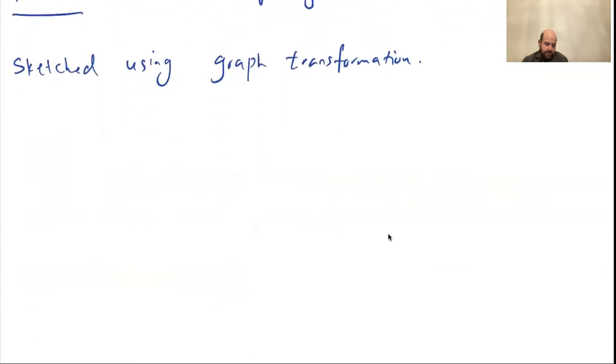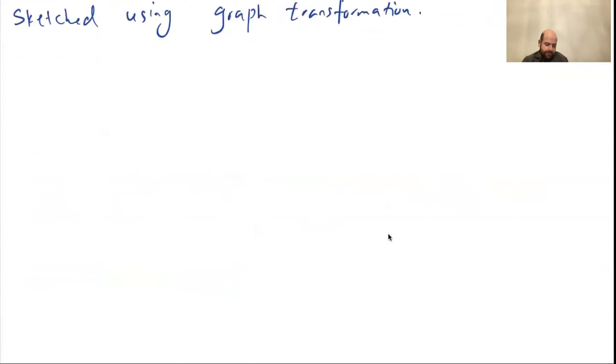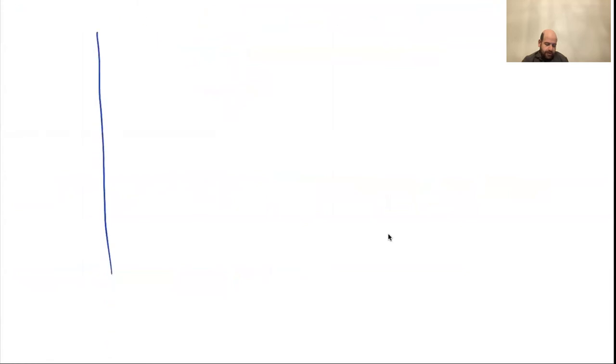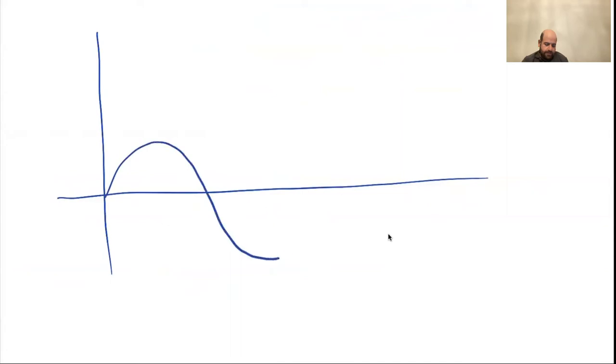How could we do that? We know the graph of sine x, how it looks. So this is 0, this is pi, this is 2 pi.